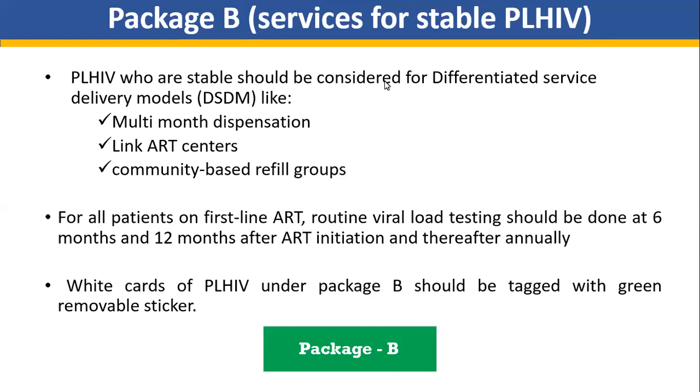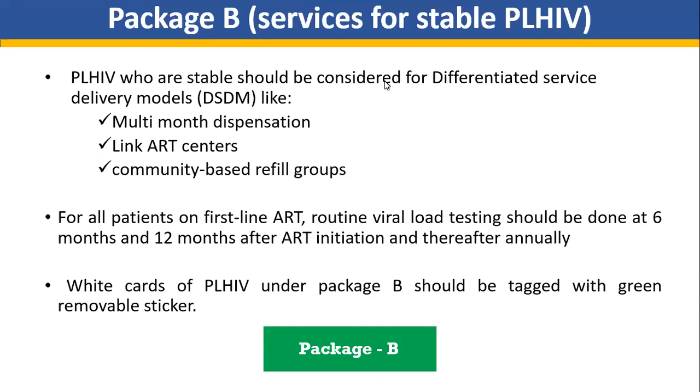We can go for multi-month dispensation, we can link such patient to the center nearer to his or her place, and we can even go for a community based refill group if the patient wants that refilling.